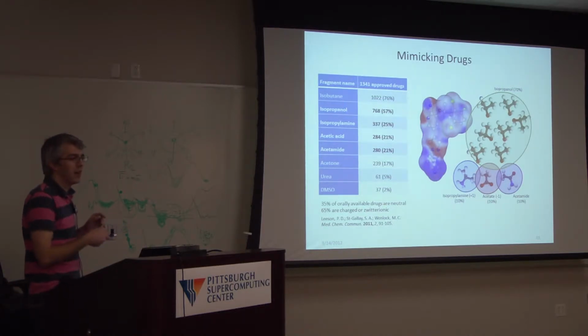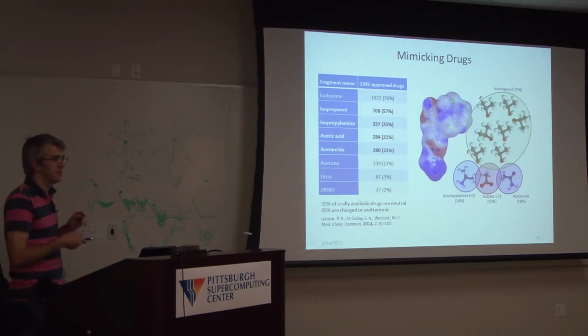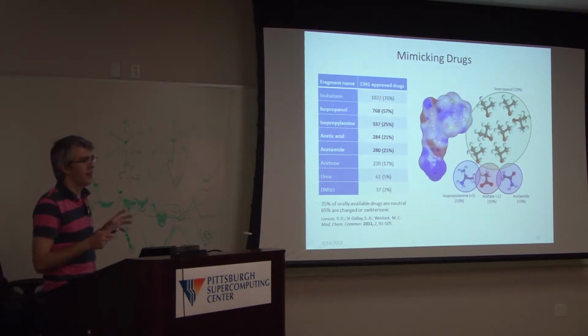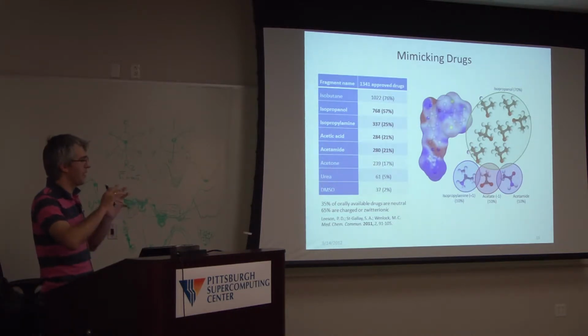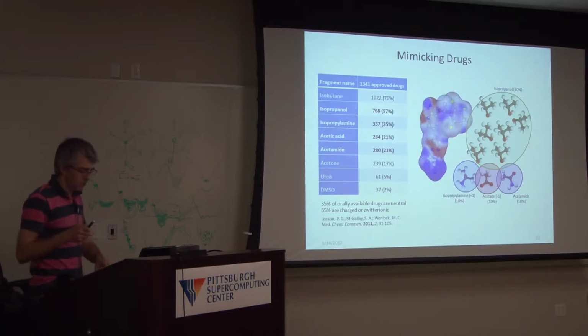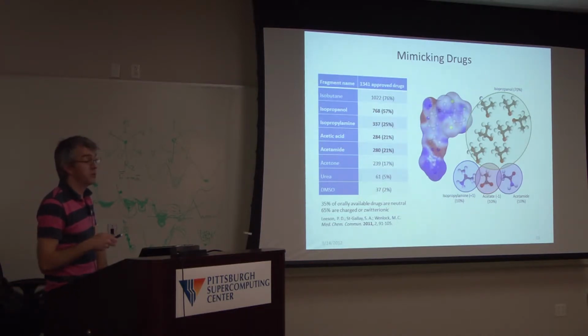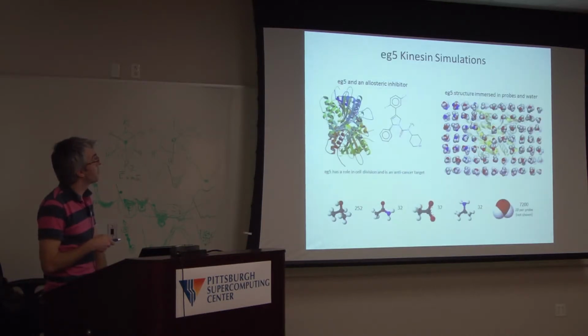We didn't include isobutane in simulations because isobutane is completely hydrophobic and likes to aggregate. In a simulation with isobutane, you would see isobutanes forming islands away from the protein, which was not really useful for what we wanted to get out of that simulation.